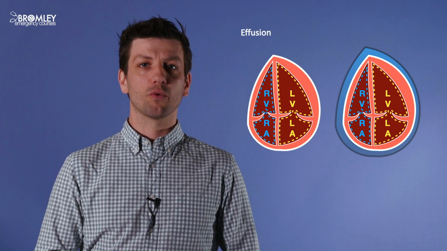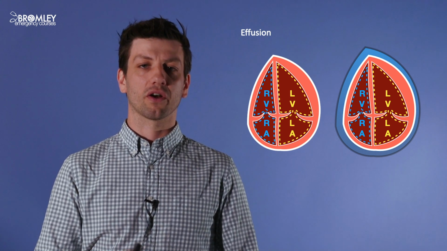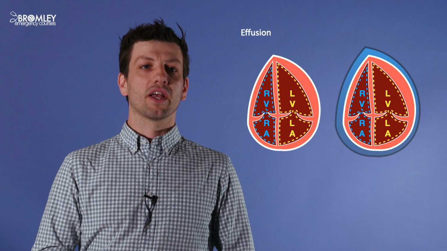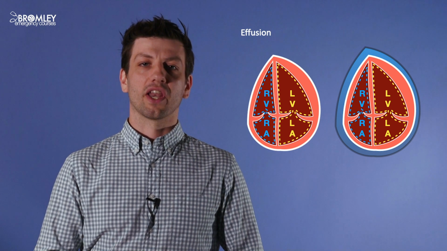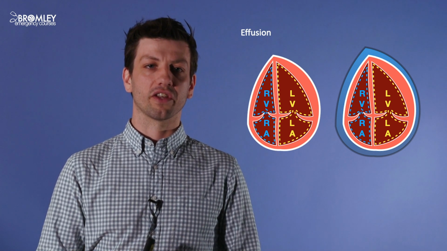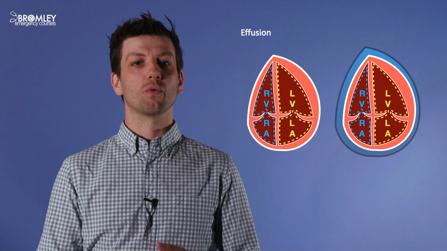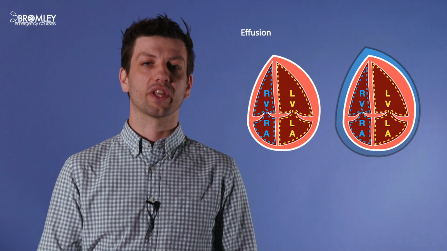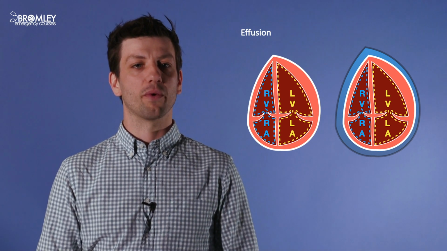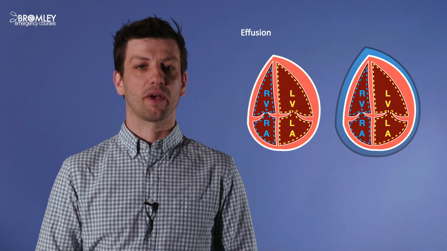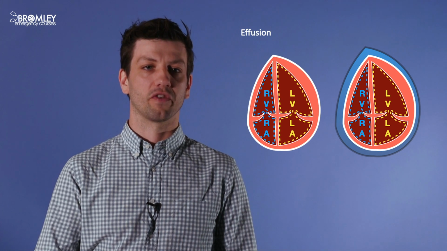So one of the reversible pathologies that we will be looking for with our echocardiogram is cardiac tamponade. Now we won't see the physiological evidence of cardiac tamponade because the heart won't be beating, but we will see an anechoic fluid collection within the pericardium, and we can see that here in this schematic of an apical 4-chamber view.